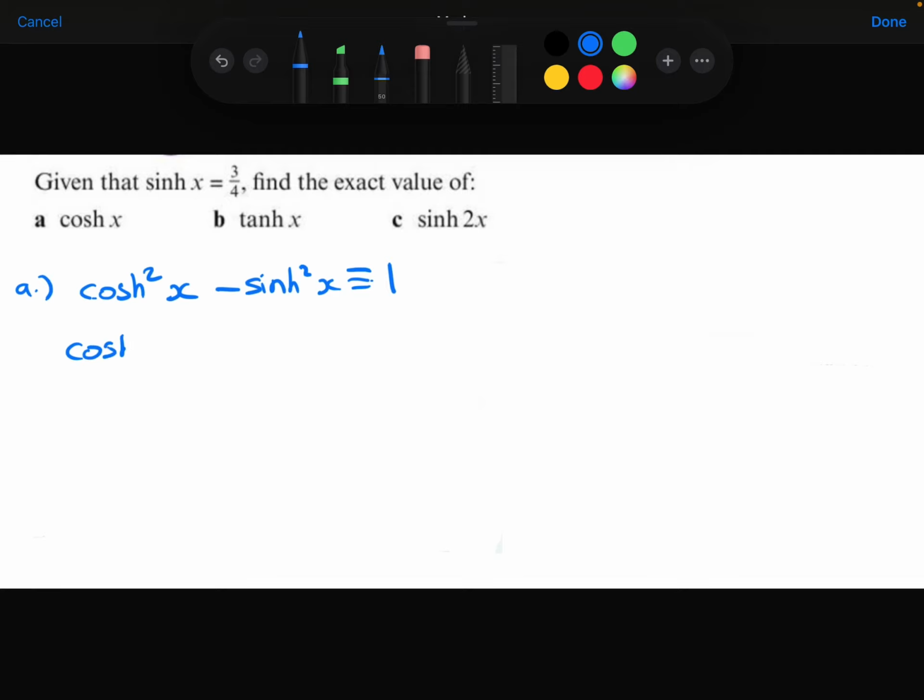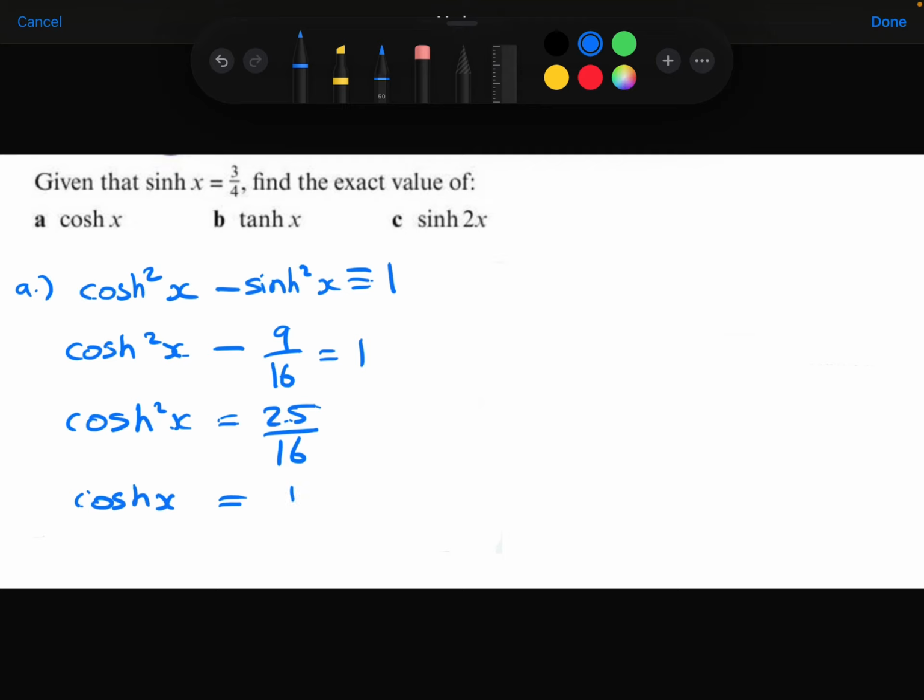Therefore, cosh squared x minus, now if sinh x is 3/4, then sinh squared would be 9/16. I can add the 9/16 to both sides, and square root to get plus or minus 5/4.